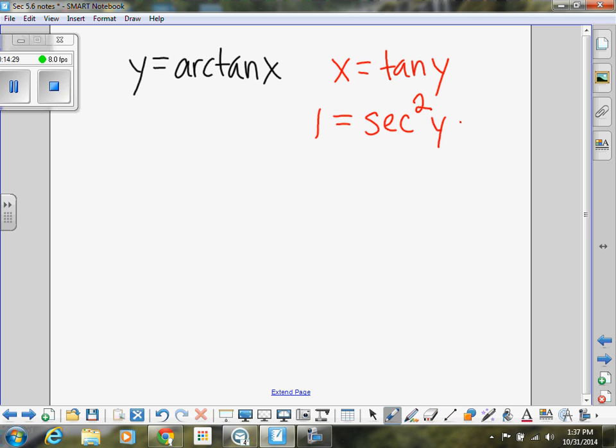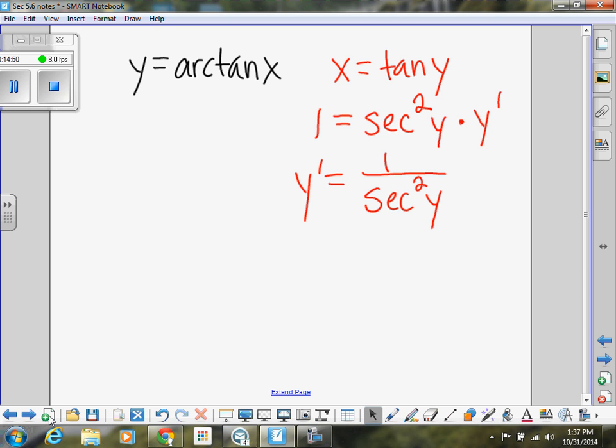Times y prime. And so then I get y prime is equal to 1 divided by secant squared. And here's where I want to rewrite. I want to go back to a triangle.